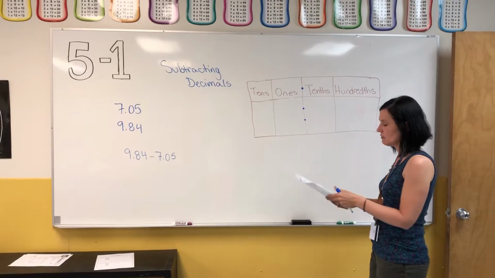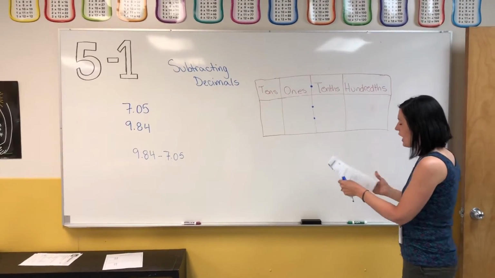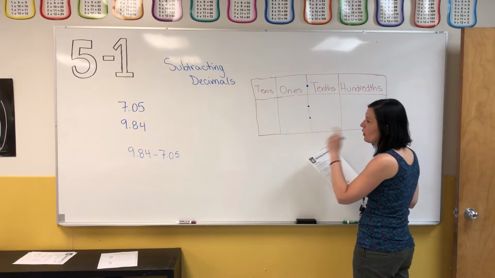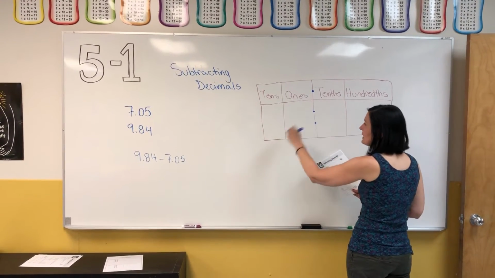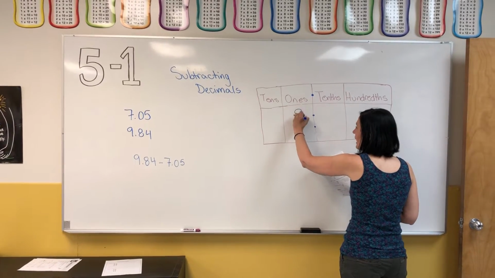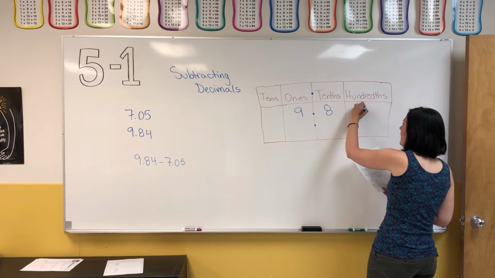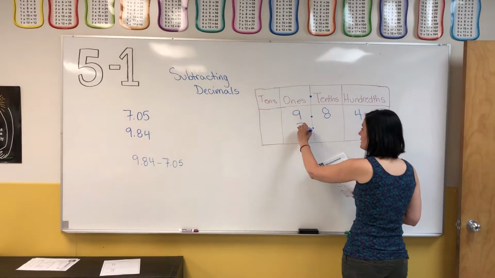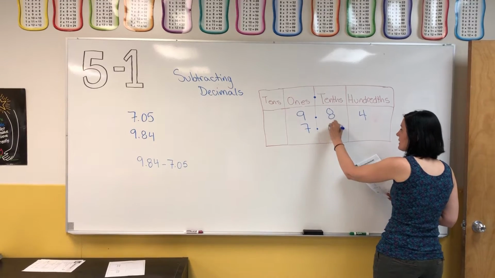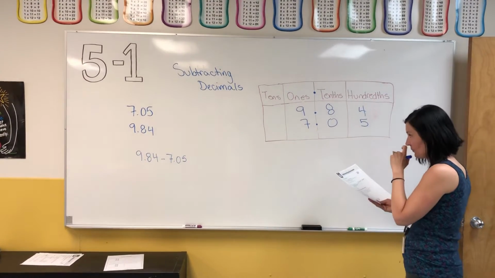You're so smart. All right, so let's put these numbers into our place value chart. So our first number, we're gonna go with the bigger number, right? So 9 in the ones, 9, decimal point, 8 in the tenths, 4 in the hundredths. Then our second number, 7 in the ones, there's a 0 in the tenths, and a 5 in the hundredths.